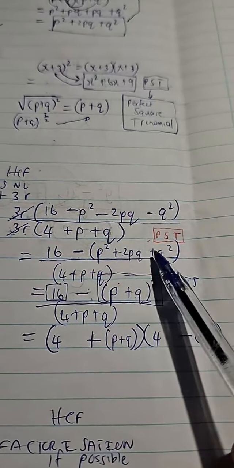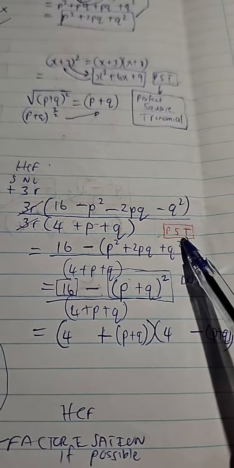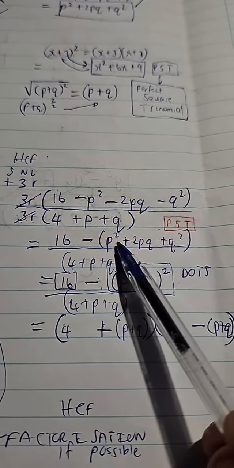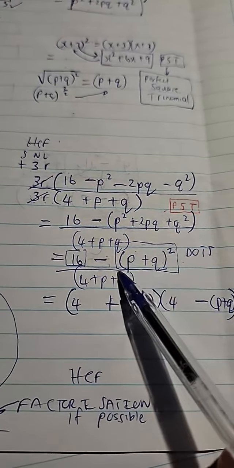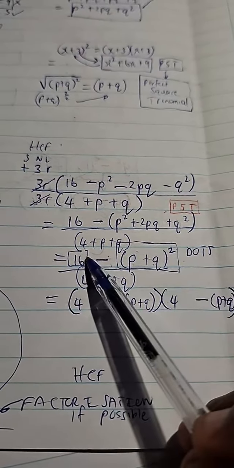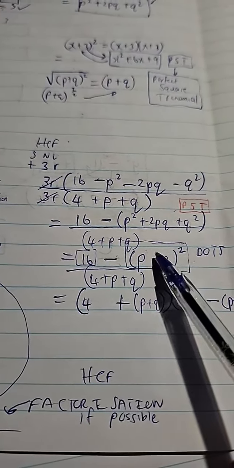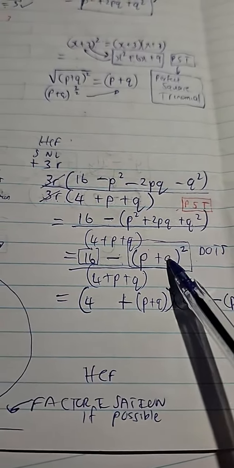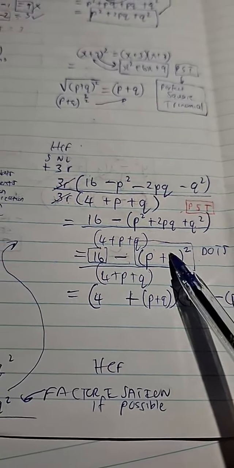P squared plus 2pq plus q squared is also a perfect square, but we call it a perfect square trinomial. This can be written as p plus q the whole thing squared. So these are a difference of what? 16 is a perfect square. P plus q the whole thing squared is a perfect square. This is a difference of two squares.